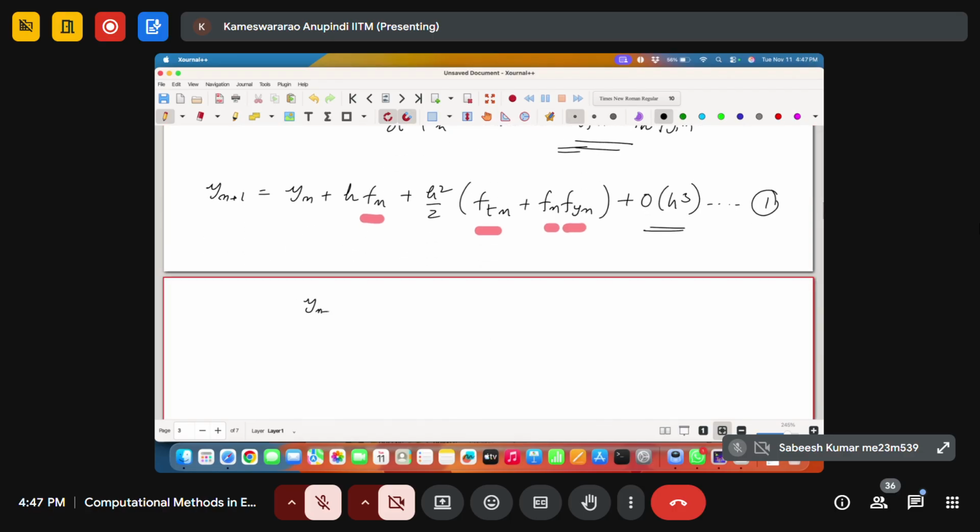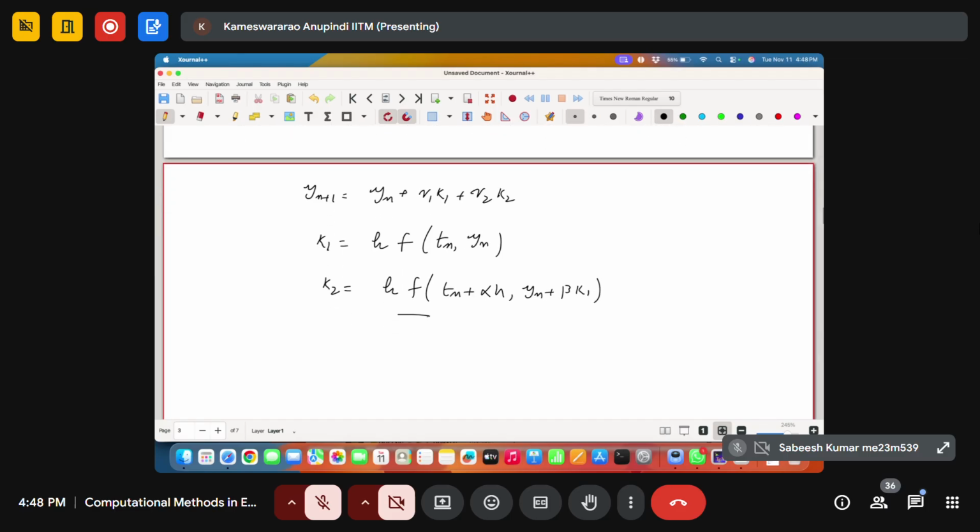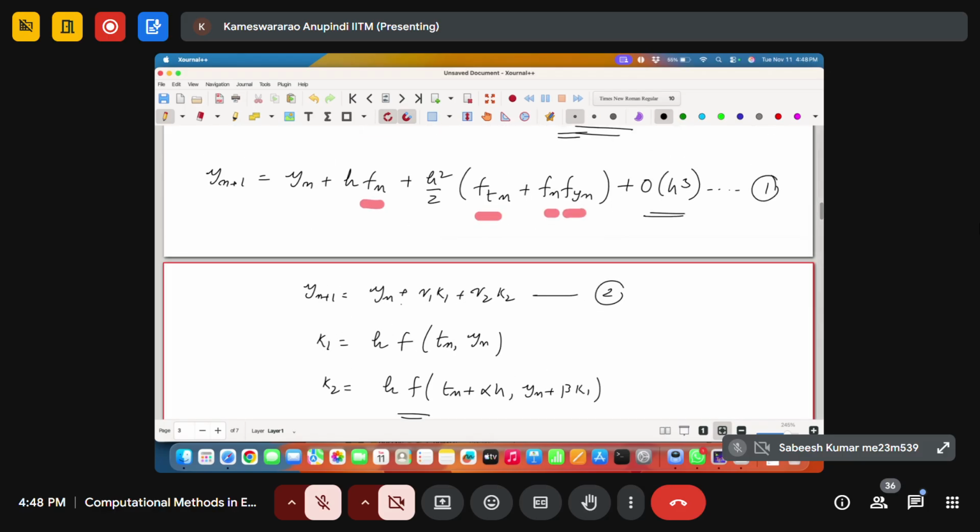What we have written for the RK method is Y_{n+1} equals Y_n plus gamma 1 K1 plus gamma 2 K2, where K1 is h times f of T_n, Y_n, and K2 is h times f of T_n plus alpha h, comma Y_n plus beta times K1. Eventually I want to compare this equation 2 with equation 1, so that I can calculate what is gamma 1, gamma 2, and so on, and what is alpha, what is beta.